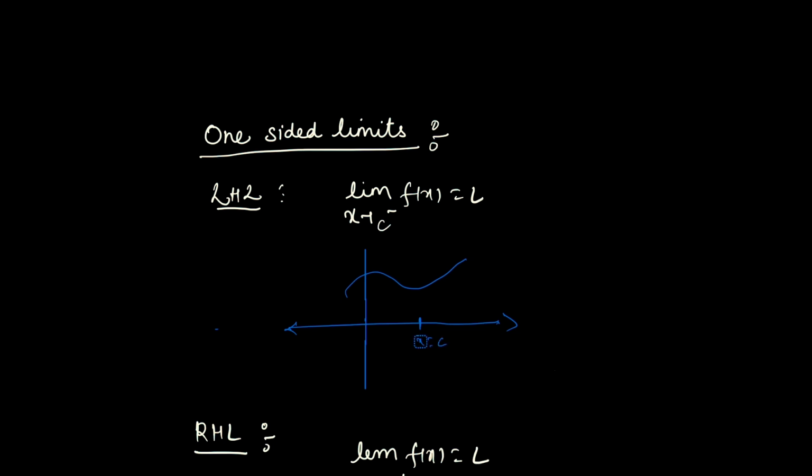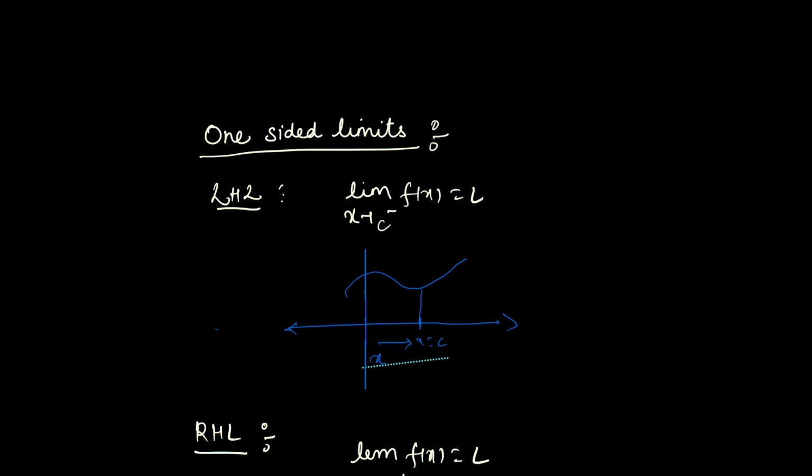The one-sided limit LHL is the left-hand limit. If x approaches c from the left side, we call it the left-hand limit.